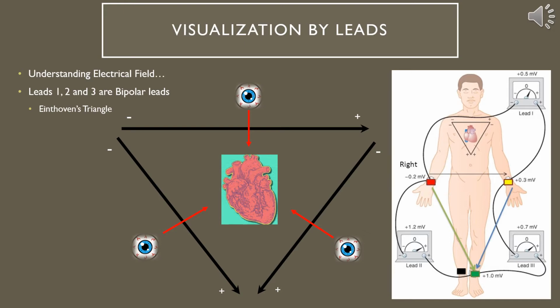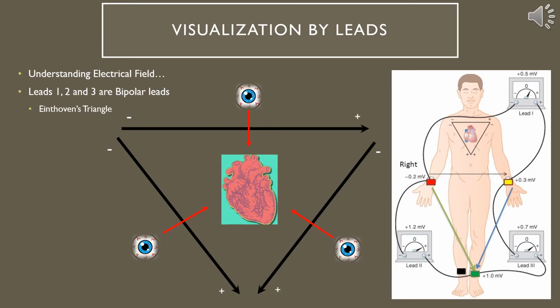Lead 1 goes from the patient's right arm to the left arm. That's negative to positive. When you are evaluating where the EKG is visualizing, the best way to think about it is the eyeball is situated on the positive electrode and it's looking towards the negative lead.